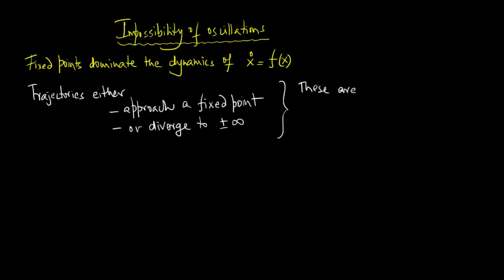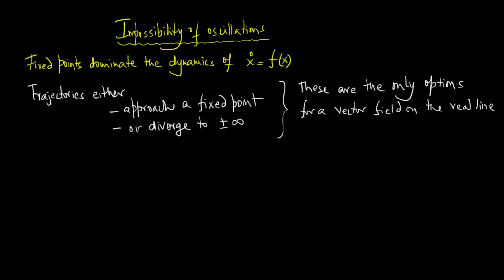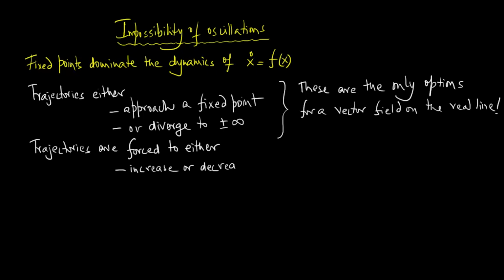In fact, these are the only options for a vector field on the real line. Trajectories are forced to either increase or decrease monotonically, or actually just remain constant.